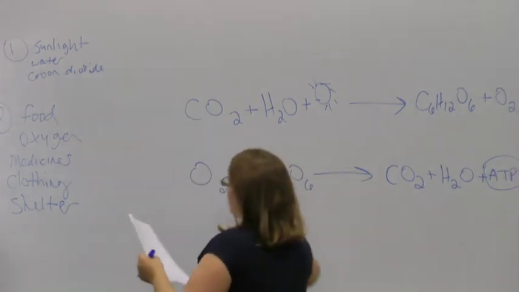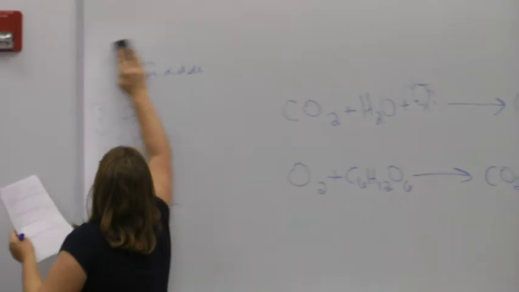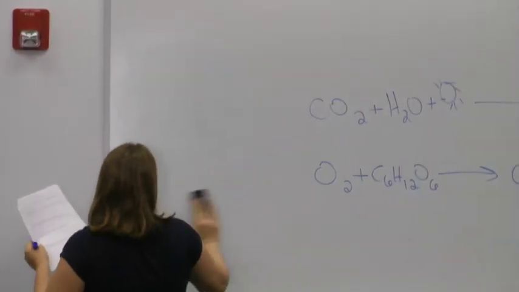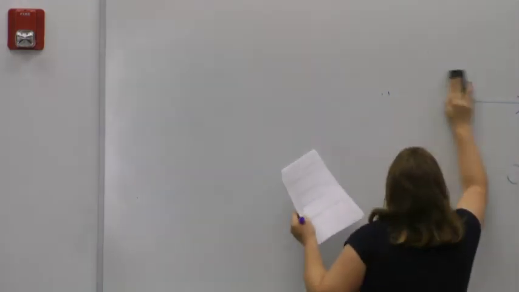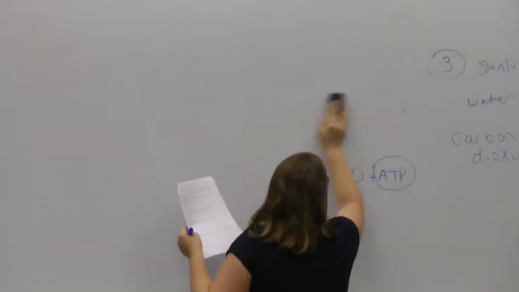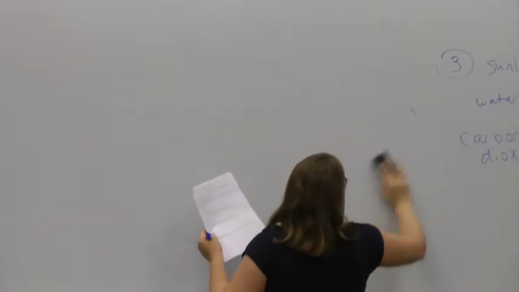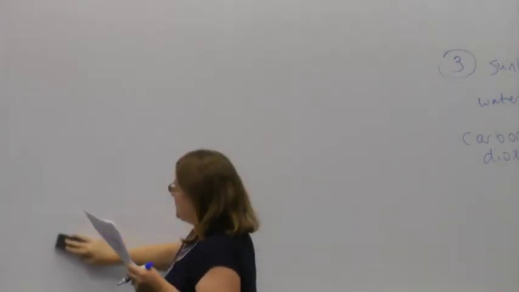All right, so now we're going to go ahead and summarize the main stages of photosynthesis. This is exactly like what we did in class with respiration. We're going to list the stages and list where they occur and what goes in and out of each stage.